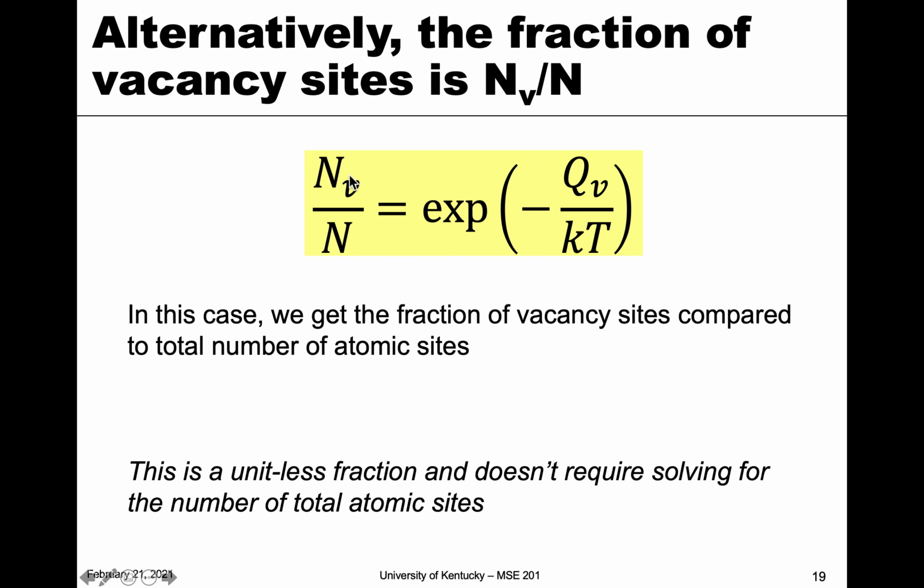And so we have a fraction. Oftentimes this is all we need: what fraction of the sites are vacancies. In this case, we could just use this expression and we don't have to calculate the absolute value. This is just going to be a unitless fraction, and so it doesn't require us to solve for the total number.